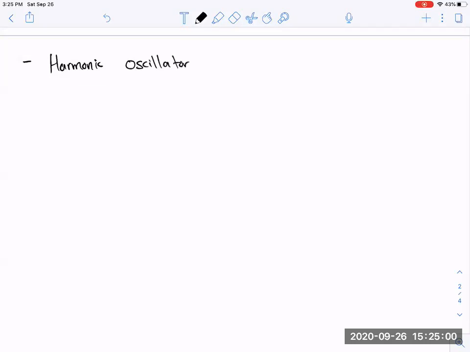Let's start by considering it in one dimension. So the energy function for a harmonic oscillator, well, it's got kinetic energy like we had before. Let's write that in terms of momentum. So p_x squared over 2m, that's the kinetic energy.